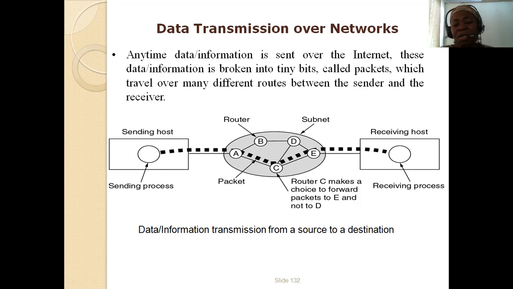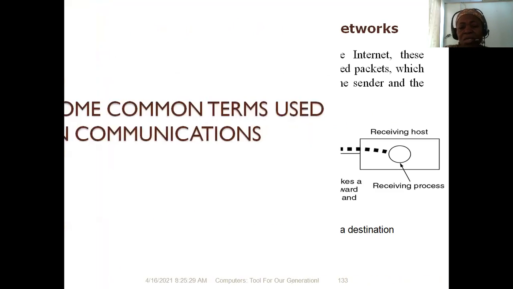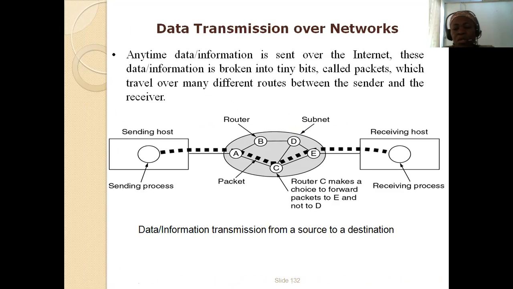It looks at B. If it gets to B, then it has to enter D before it gets to E, because the receiving host is on this end here. So the wisest and smartest decision router A takes is to pass this packet through to router C.